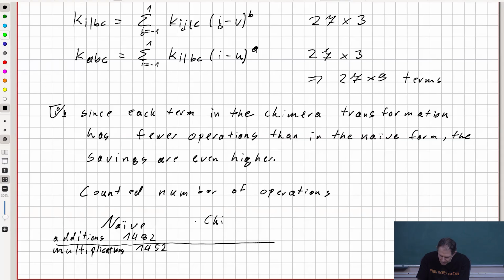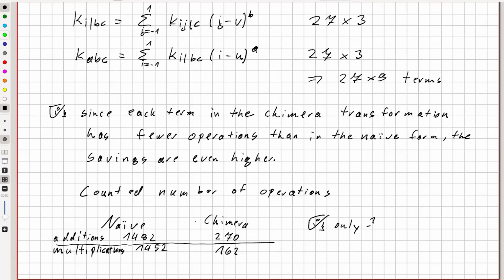The Chimera has 270 additions and 162 multiplications. Yeah, that's a pretty significant difference. So only about 1/5 the number of operations required.